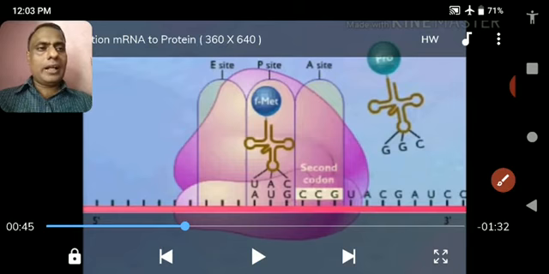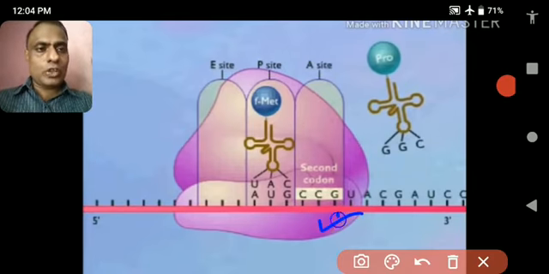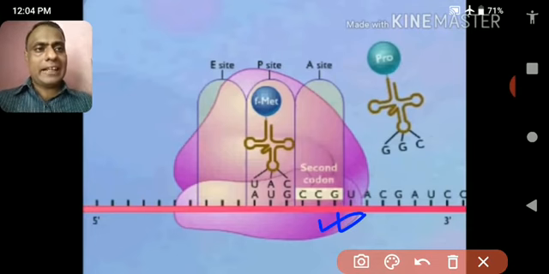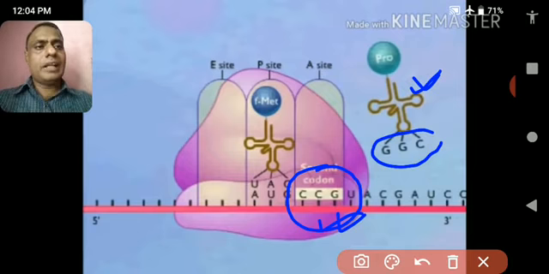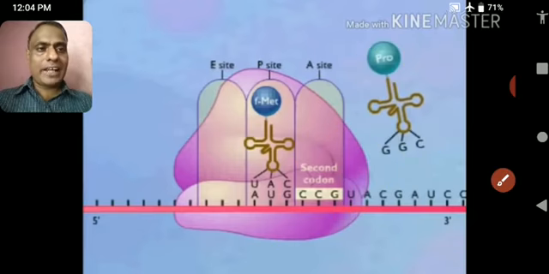Here is the codon of mRNA and here is the anticodon section of tRNA. So tRNA reads the codon of mRNA and sits over there, and each anticodon brings a particular kind of amino acid and arranges it. See here what happens next.